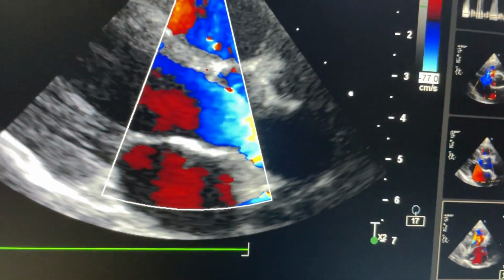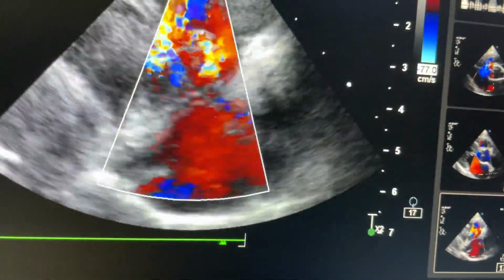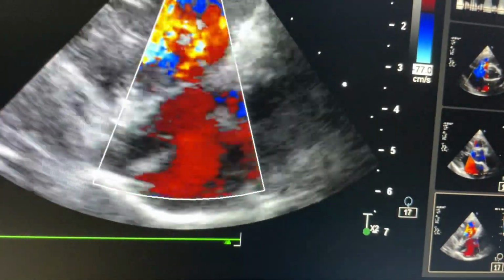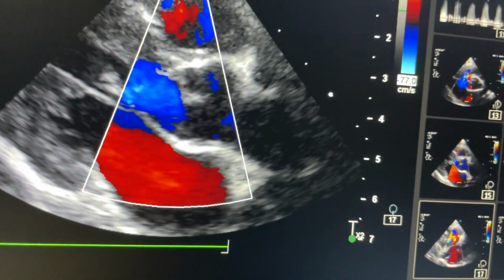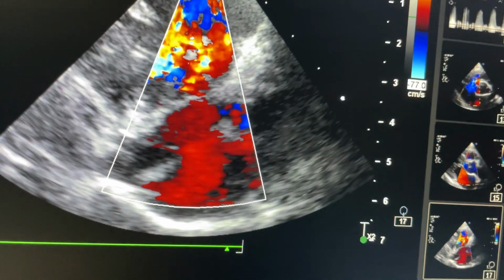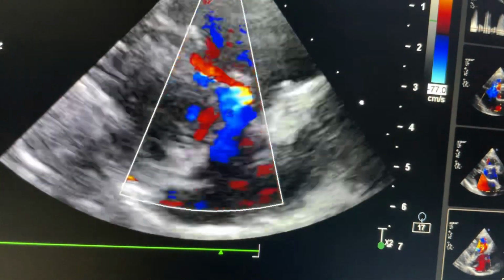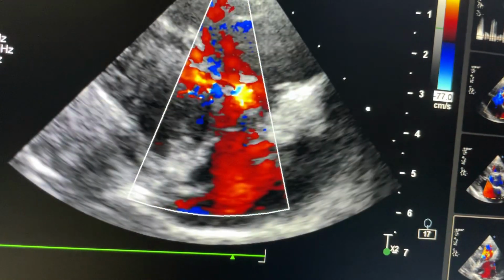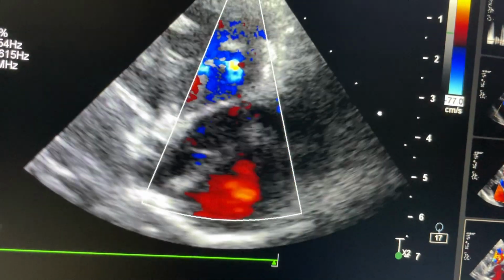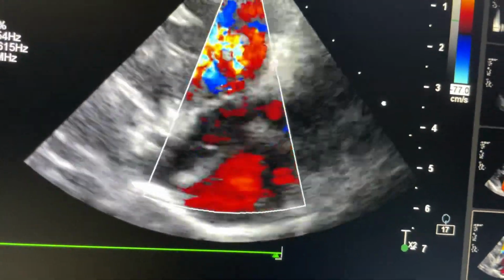Now see. You can see this flow is very close to the tricuspid valve, just above the tricuspid valve into the right atrium. That is the point to note. This is isolated Gerbode defect.